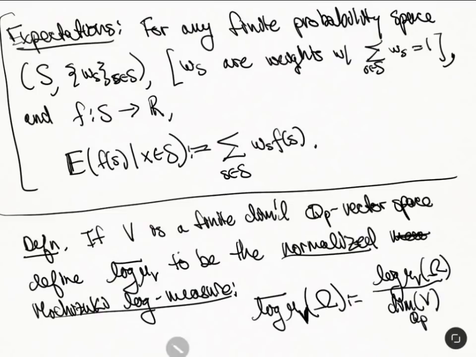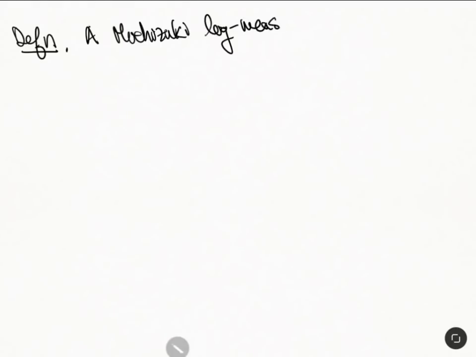And I guess I can say what a Mochizuki measure is. Since we're talking about this, let's talk about the definition. A Mochizuki log measure. We're kind of doing a convention where if something isn't exactly as you'd expect it to be, we'll add the word Mochizuki.